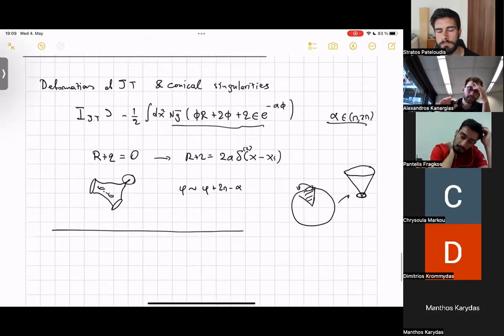In our paper, we tried to also study deformations of JT and also these specific ones, but in another kind of context. We based it on some other works, but I think I should stop here. And if there are questions, we can discuss.